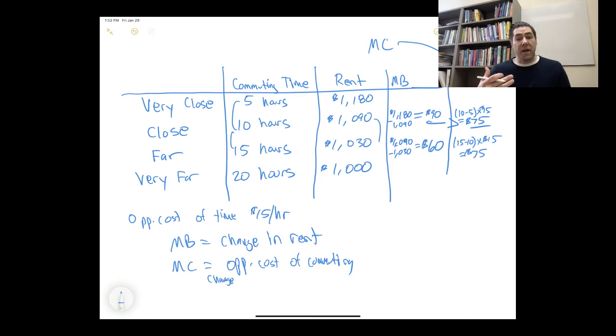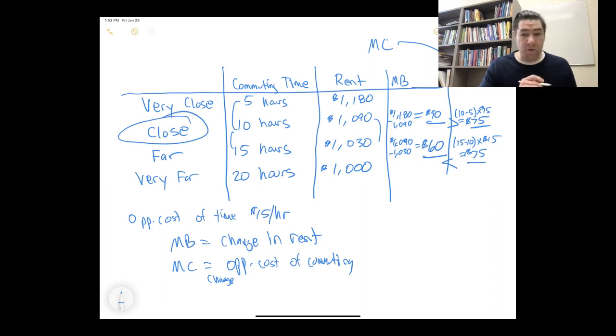Every option adds 5 hours, valued at $15 per hour, which is an extra $75 in marginal cost. Now I notice that the benefit, $60, is less than the marginal cost. So I shouldn't move from close to far. By doing that, I'm adding more to my cost than I am to my benefit. Using marginal analysis, we arrive at the same conclusion: I should stop at apartment close.